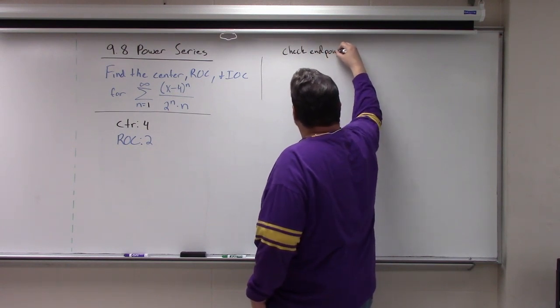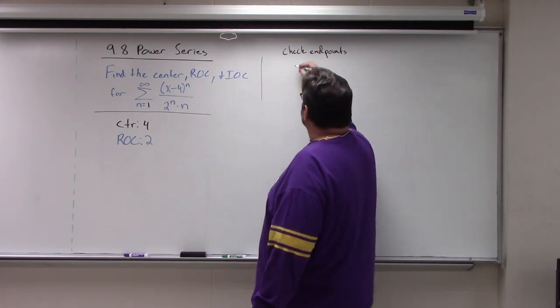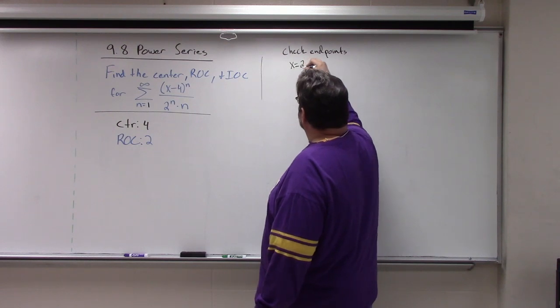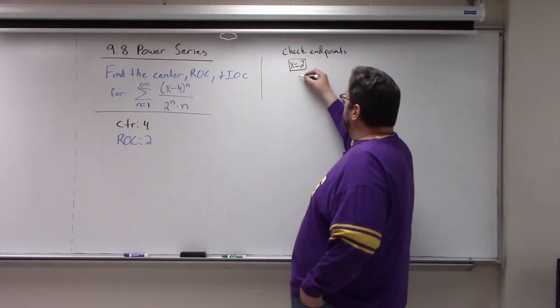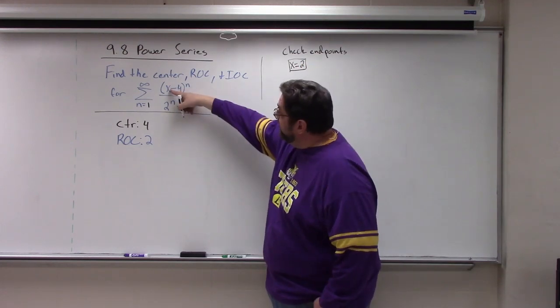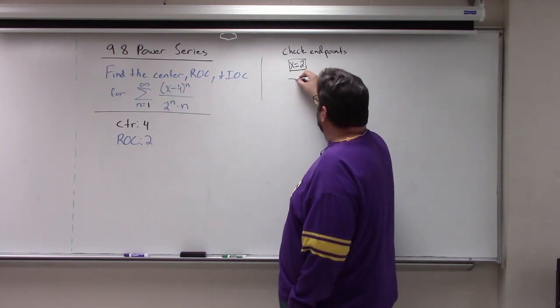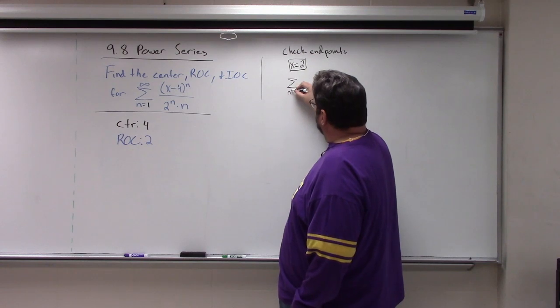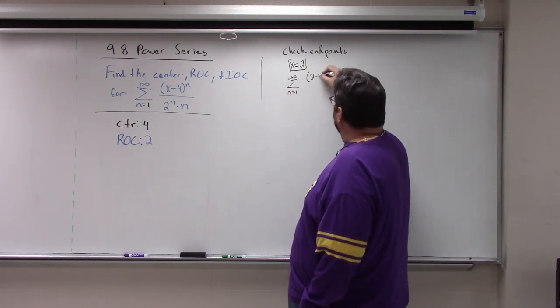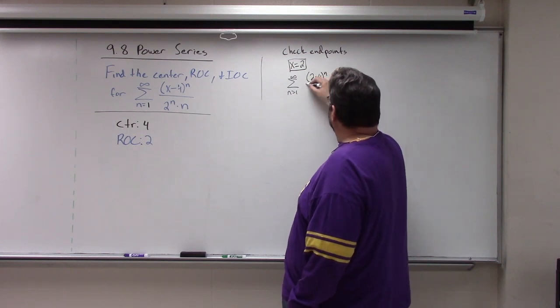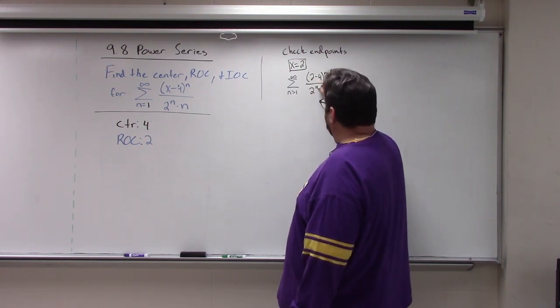I erased what I have, but I remember them. Let's see what happens when x equals 2. When x equals 2, we plug 2 in for x in our series. We get the sum from 1 to infinity of (2 minus 4) to the n over 2 to the n times n.